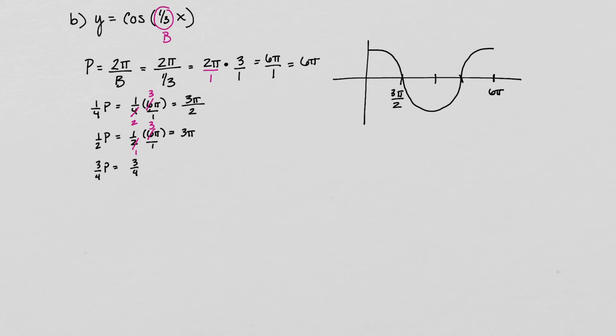So 3/4 times 6 pi, again over 1. 2 goes into 4 2 times. 2 goes into 6 3 times. So this is going to become 9 pi on the top and 2 on the bottom. So I didn't label it, but this would be 3 pi, and this is 9 pi over, excuse me, 2.